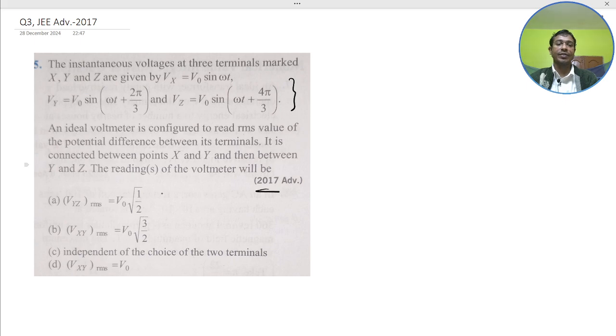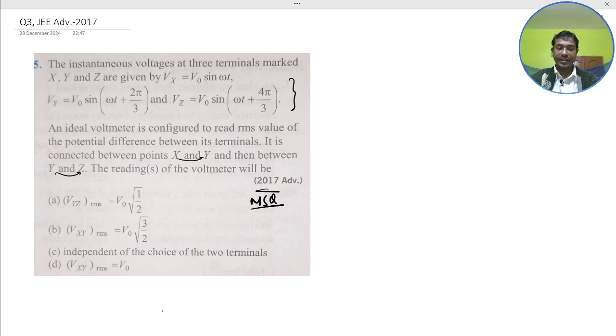It is connected between X and Y, and then Y and Z. You have to find the readings, meaning the RMS values of voltage between the terminals. This is an MSQ type question in JEE Advanced, so one or more than one answer can be correct.